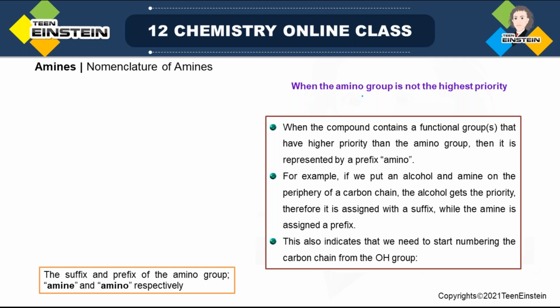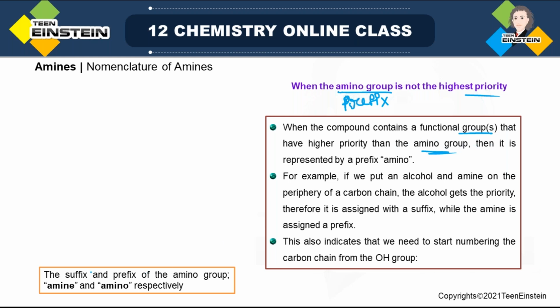Now remember, as the amino group is not the highest priority, it will no longer be a suffix. Now it will be a prefix. Prefix means the group which gets lesser priority. So when the compound contains a functional group, or more than one, which has higher priority than the amino group, then amino will be a prefix.